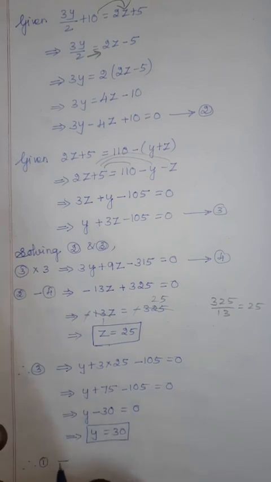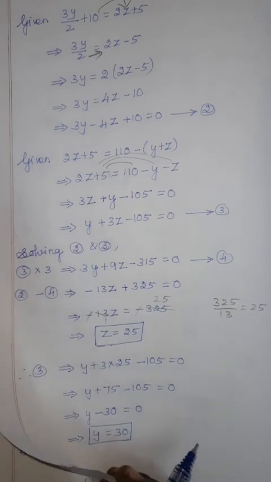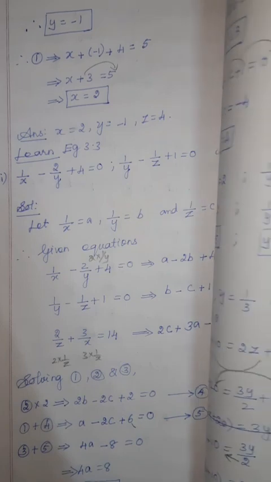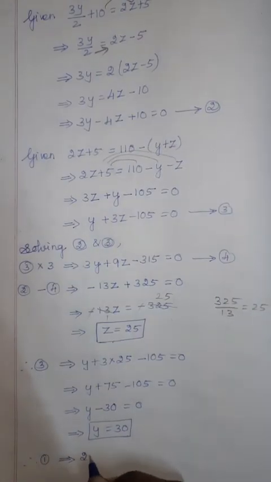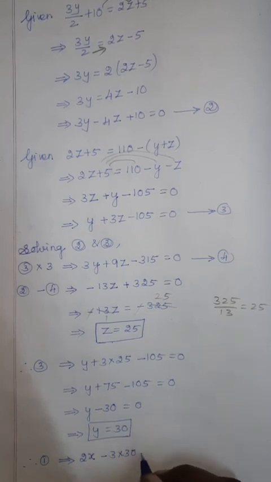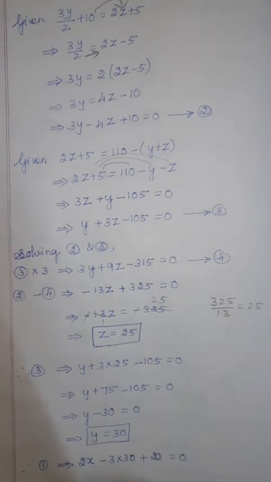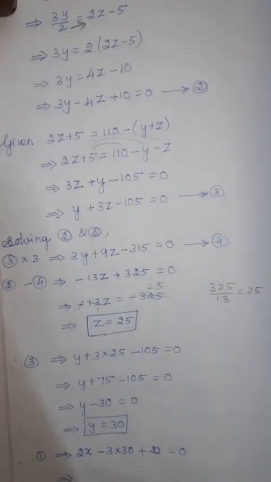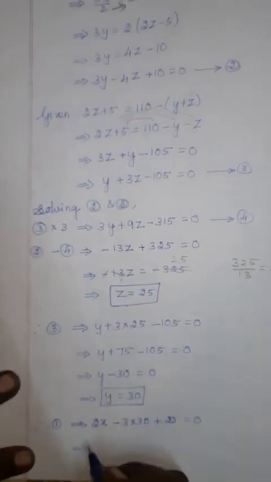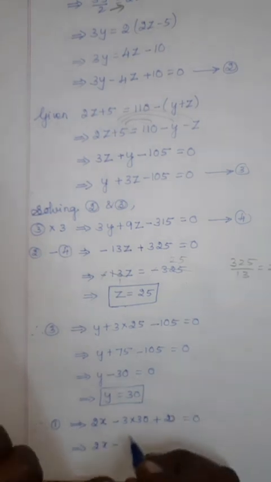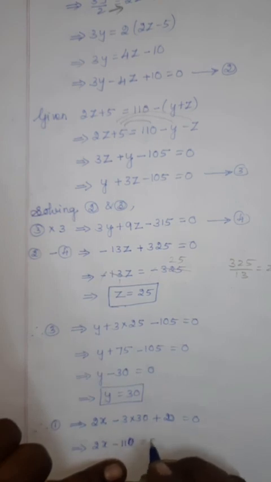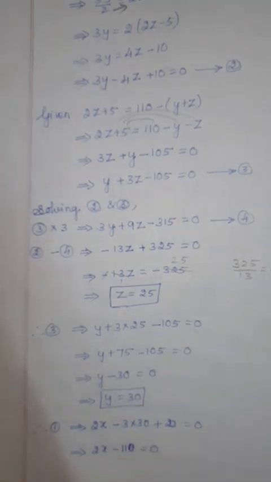Therefore equation 1 implies 2x minus 3y plus 20, so 2x minus 3 into 30 plus 20 equal to 0, which implies 2x minus 3 into 30 is 90, plus 20, it is 110 equal to 0.